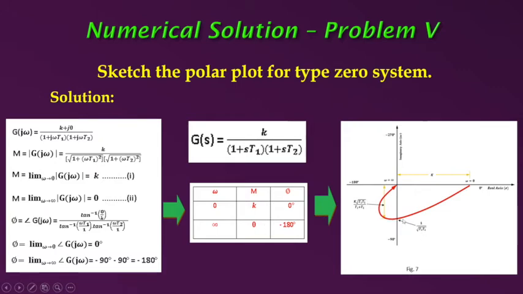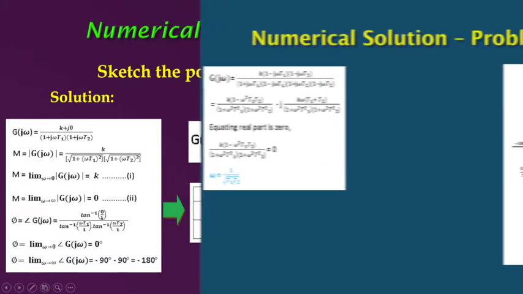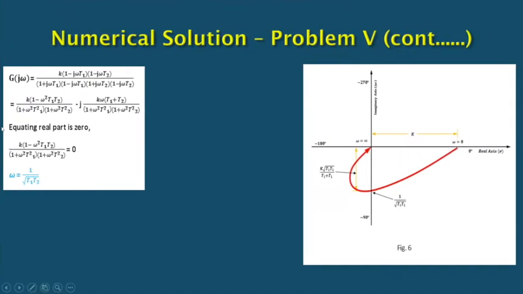Then find the crossing point and what is the magnitude. Multiplying the numerator and denominator of G(jω) with the complex conjugates of the denominator factors, we get this equation.